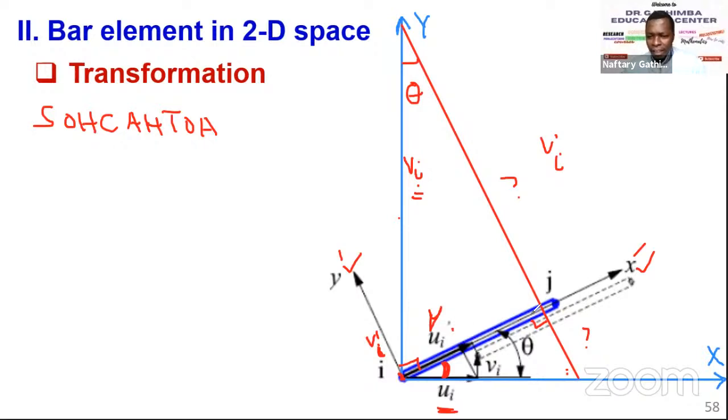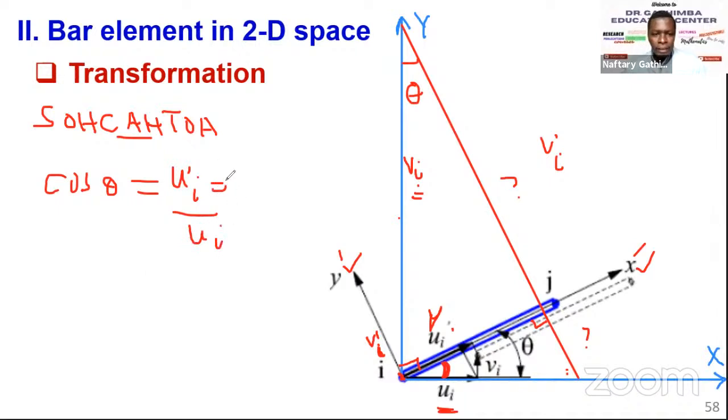So you see, this is a right angle triangle. I know the adjacent, I know the hypotenuse. So what do I need to use? Cos. So cos theta, in this case, is equal to adjacent, which is U prime I, over hypotenuse, which is UI.